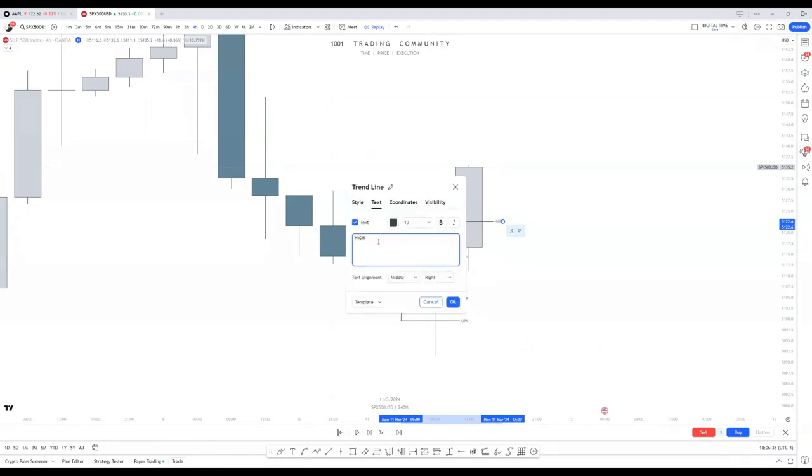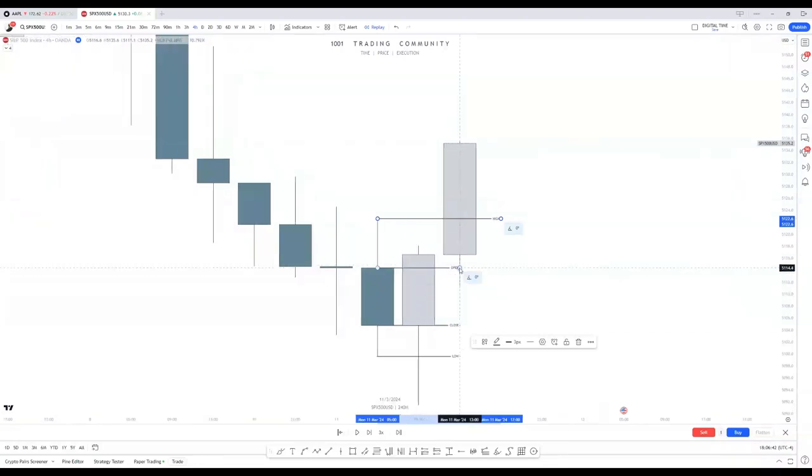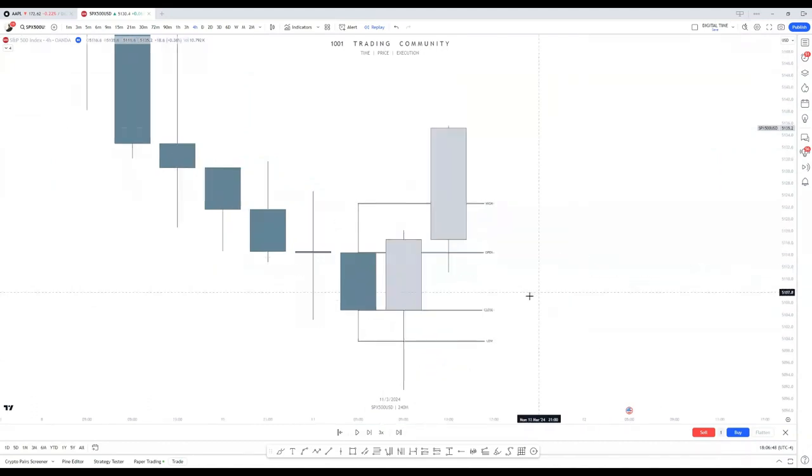There's indicators that do this automatically for you, so you can definitely look that up, and it'll probably make the process a lot easier. But we're hand drawing it for this example. So this specific candle is the one we are going to observe, because when it comes to price, we're using the power of 3 and open, high, low, close.